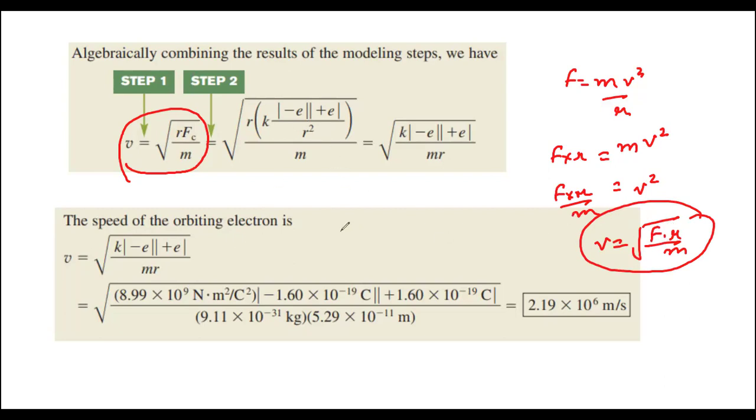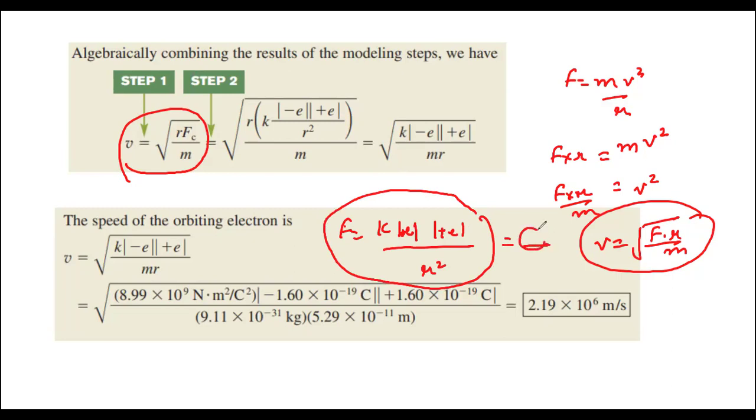What is F? I can write that F is equal to k Q1 Q2 over r squared, where Q1 is your electron, minus e, and Q2 is your proton, which would be plus e, and then you have r squared. I'm sorry, by the way, for my handwriting, if it is not really readable. You can feel free to solve it over here and then plug this value over here.